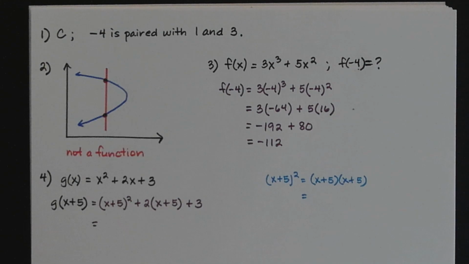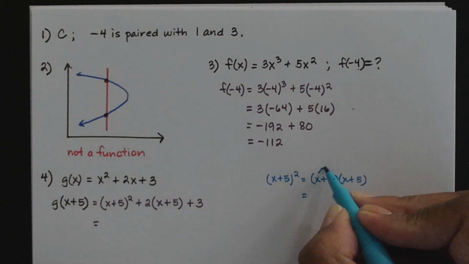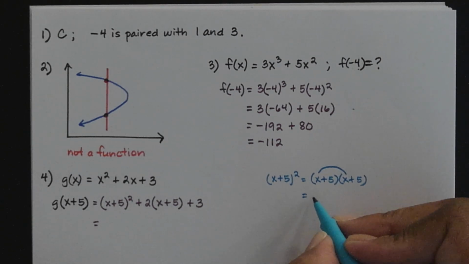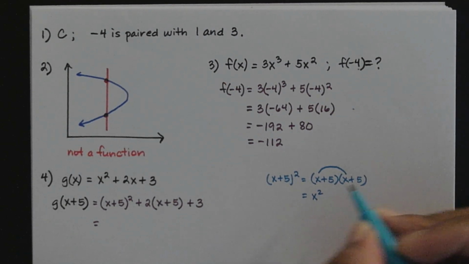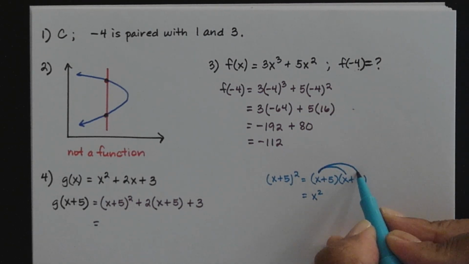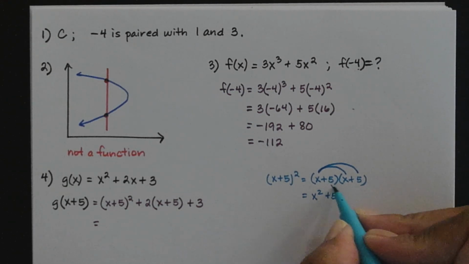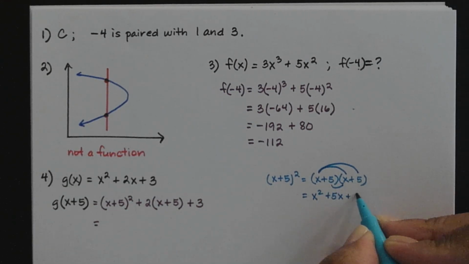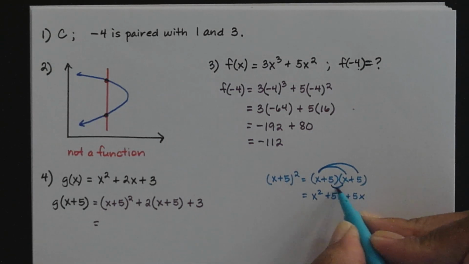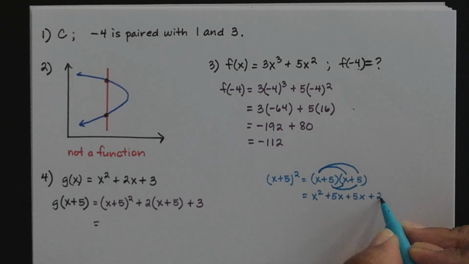And then go ahead and use the FOIL method. So in this case here, x times x, that's the first times the first, that's x squared. Outer, x times 5, plus 5x. And then 5 times x would be plus 5x, and then 5 times 5, 25.